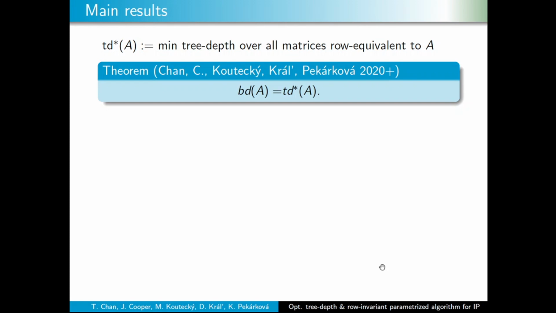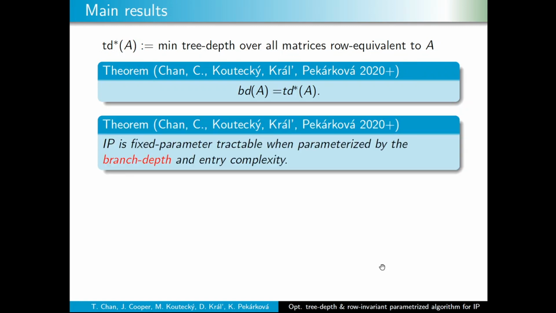We first prove a nice characterization of branch depth of matrices in terms of their tree depth. Let TD star of A be the minimum tree depth over all matrices that are row equivalent to A. We prove that the branch depth of A is equal to TD star of A. And this is a key ingredient in our main result. Integer programming is fixed parameter tractable with respect to branch depth and entry complexity.